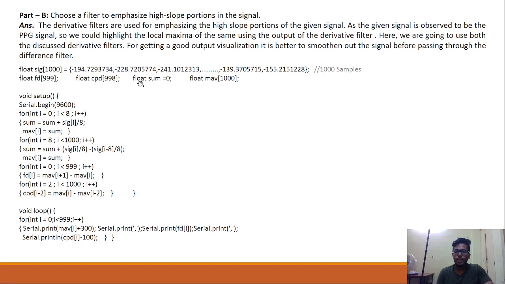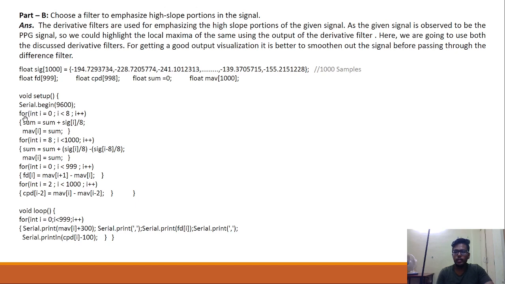For calculating the moving average filter, the sum has to be initialized to 0, and the moving average filter defined as an array of 1000 elements. Again, this program consists of two parts: void setup and void loop. In void setup, the first thing I have to do is set the baud rate.